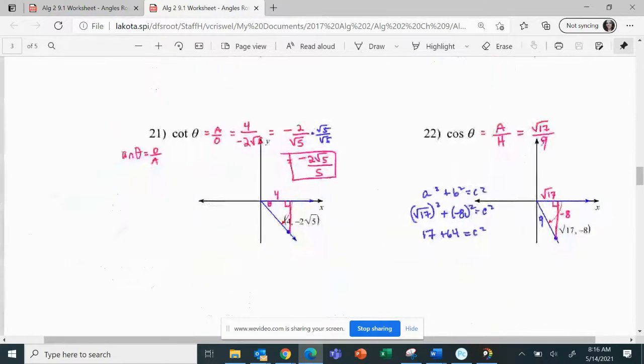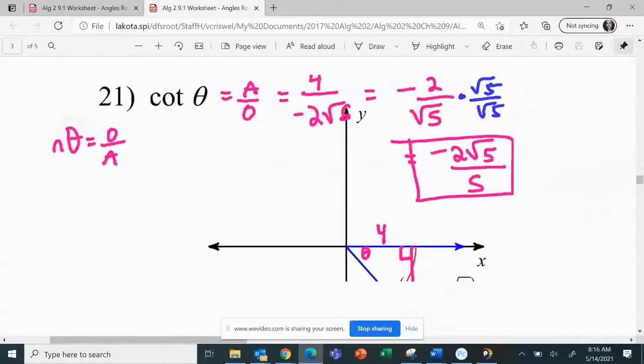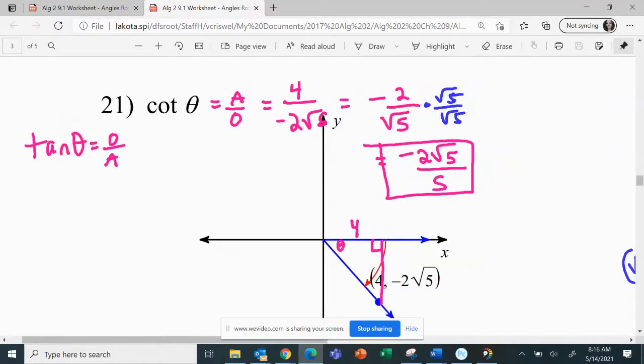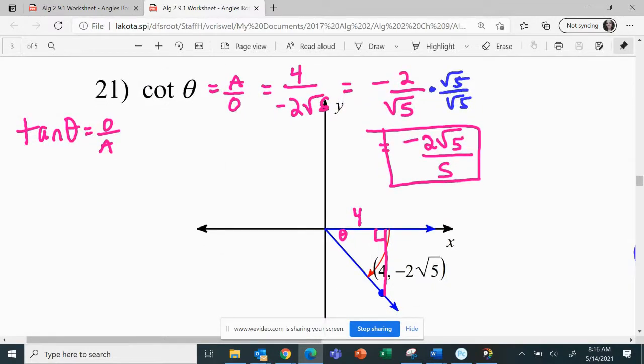Find another. Here's another O. In number 21, O is -2 square root 5 out of XY. Which coordinate is O?